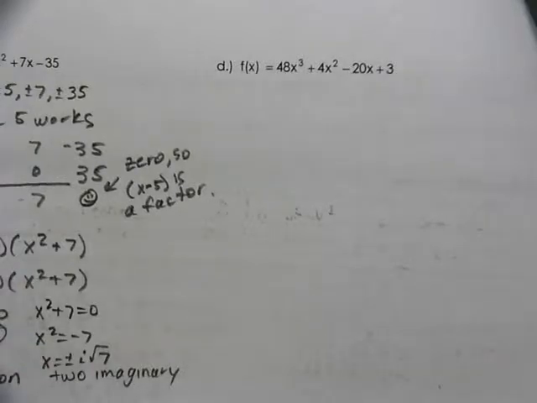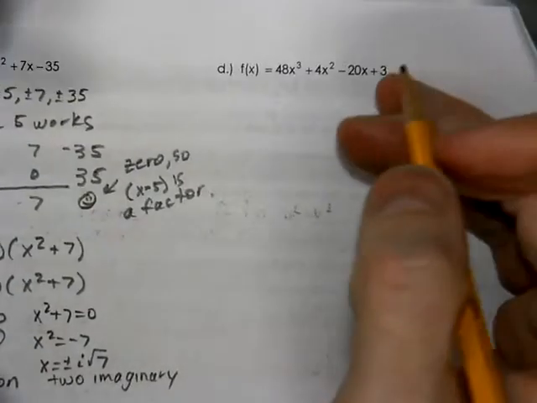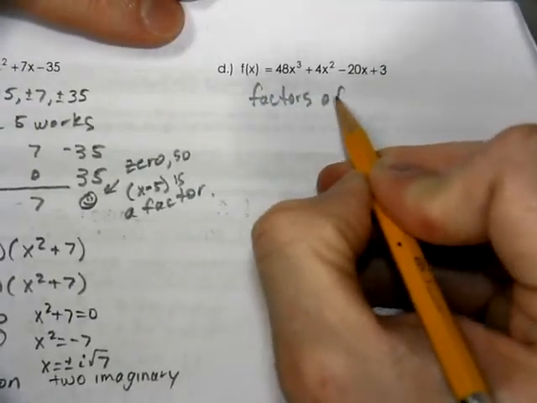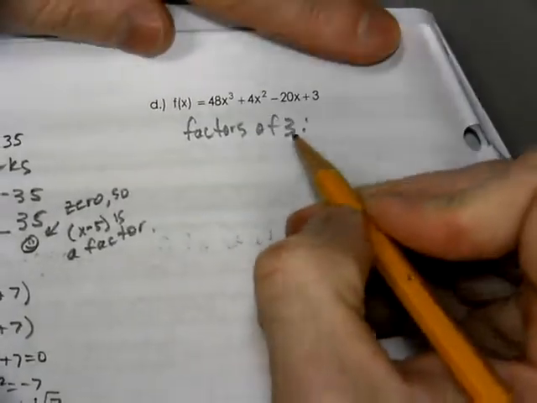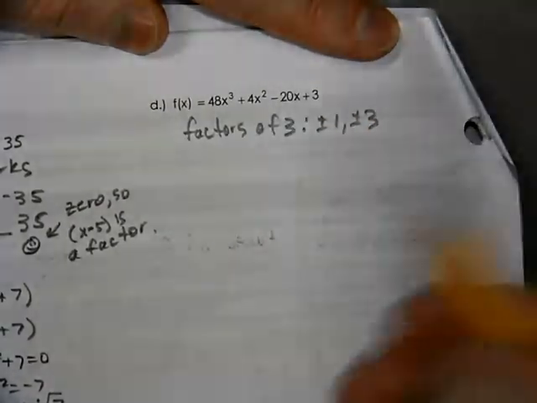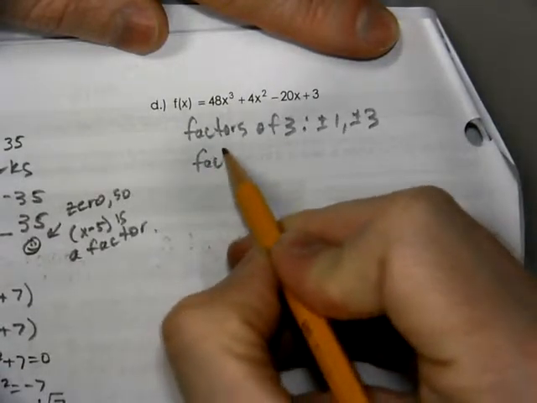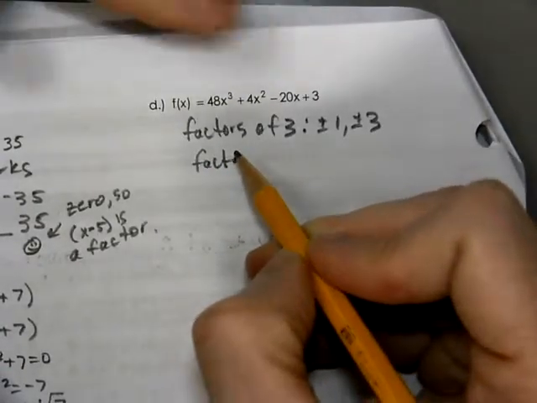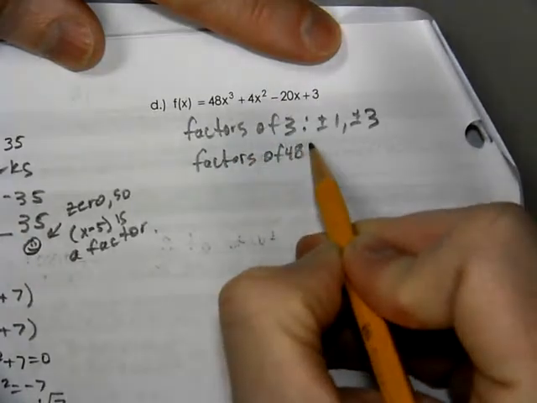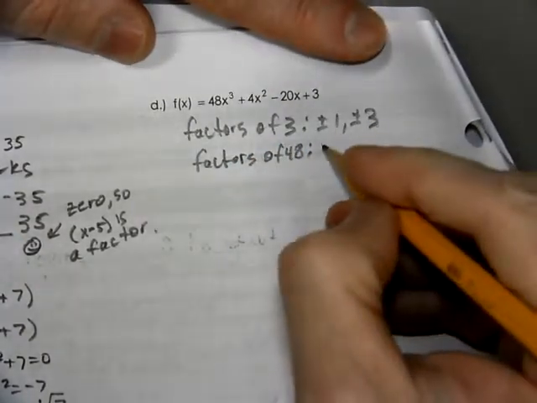Our last big one we've got going on here is to look at our factors of 3, which is plus or minus 1 and plus or minus 3. Trouble with this next one is that we have factors of 48. That's crazy.